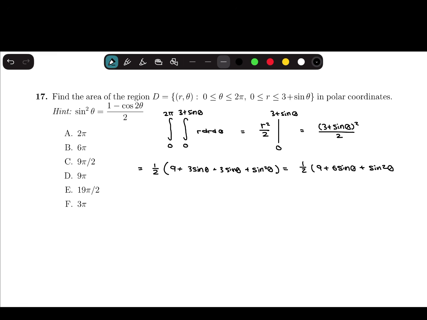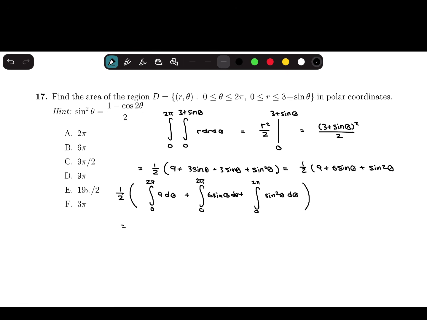It's a very fun integral, but we got this. What I'm going to do now is split up each piece respectively. So we're going to keep the 1/2 all the way out here, do an integral from 0 to 2 pi of 9 d theta, plus the integral from 0 to 2 pi of 6 sine theta d theta, plus the integral from 0 to 2 pi of sine squared theta d theta, and that will get us our final answer.